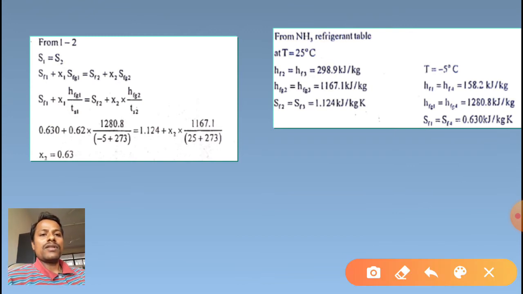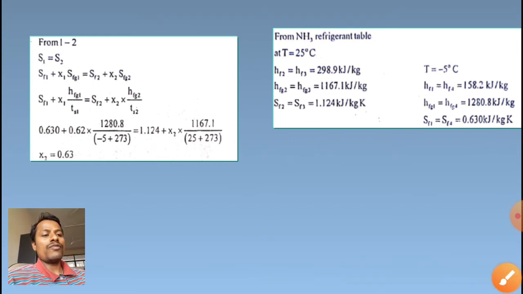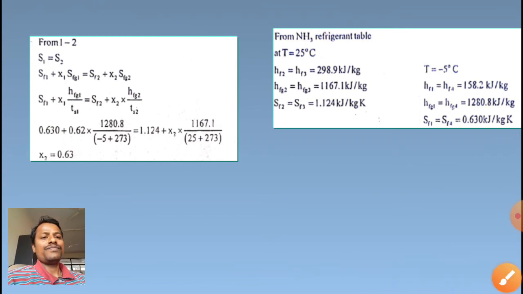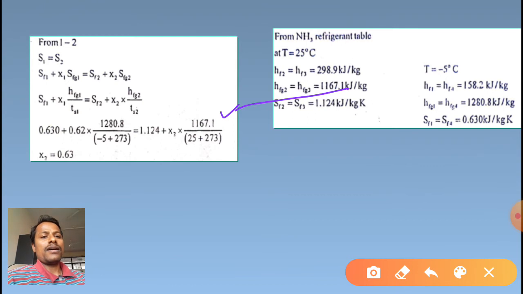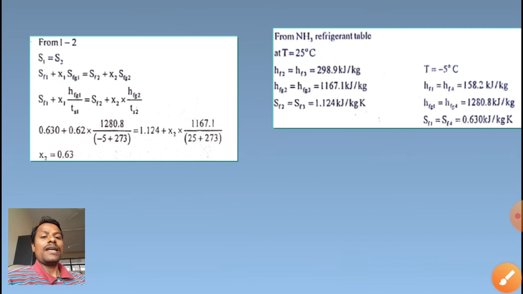And for SF2 we have the value from the refrigerant table. X2 is unknown, and I want to calculate the X2 value. Then again here I have HFG2, and the temperature of the refrigerant in the condenser is 25 degrees Celsius, so I am converting it to Kelvin by adding 273.